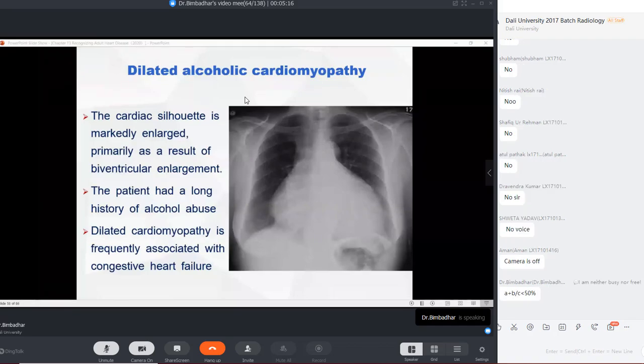That is your formula for the cardiothoracic ratio. A is the distance between the right ventricle and the midline. B is the distance from the midline to the left ventricle. Then C is the complete thoracic diameter.